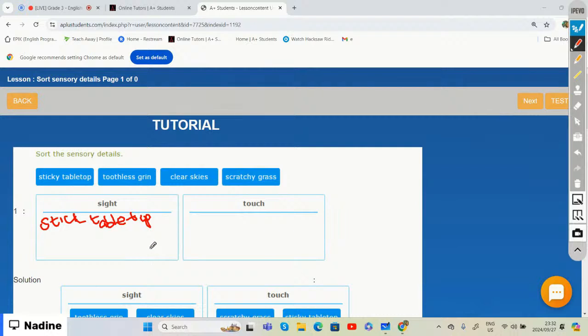And then toothless grin is something that we can. Oh, sorry. So sticky tablecloth is something that you can touch. And then if you look at the next one, toothless grin, that is something that you can see.